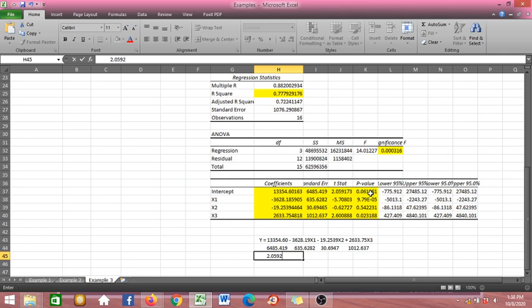The p-value is 0.06. So 0.06 is greater than 0.05, therefore not significant.